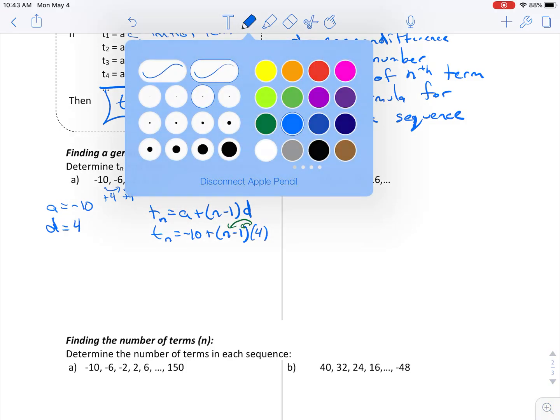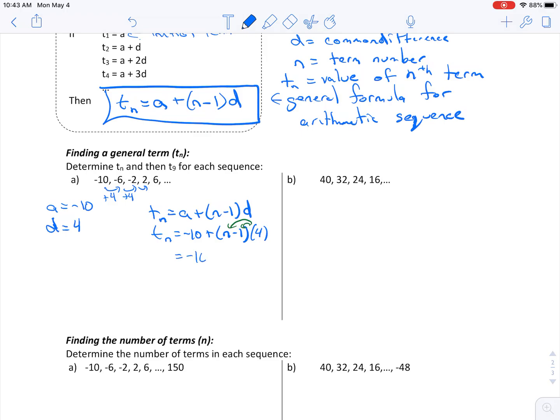So what I need to do, I should expand this or simplify it. So I'm going to expand and distribute the 4 in. So I end up with negative 10 plus 4n minus 4. And then I can collect like terms. So my general term is going to be negative 10 minus 4 gives me negative 14 plus 4n.